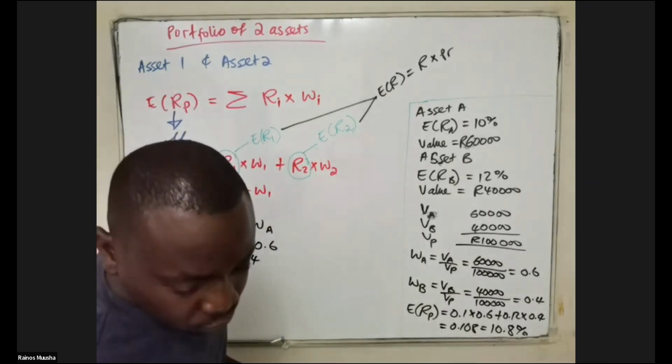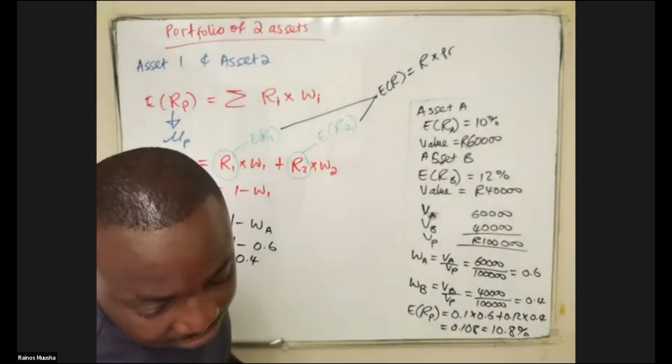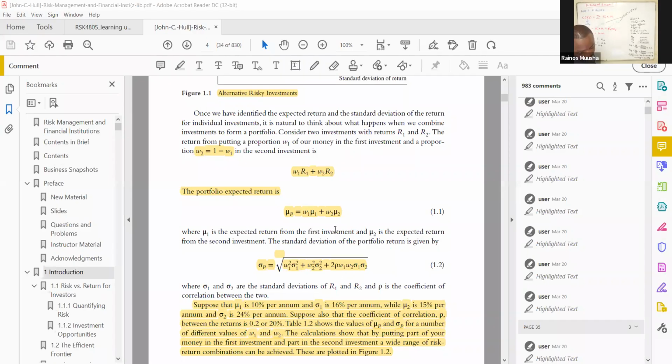Now, let's also see how you determine the risk of a portfolio. The risk of the portfolio, which is shown by the standard deviation, is given by that formula.